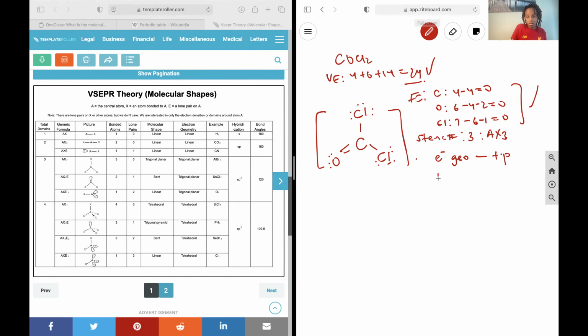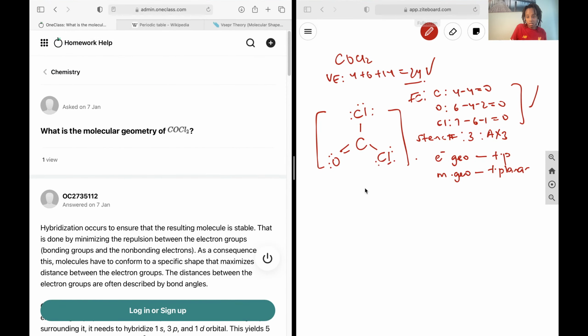Its molecular geometry is going to be the same because there are no lone pairs. So it's also going to be trigonal planar. So the answer for our question is the molecular geometry is trigonal planar.